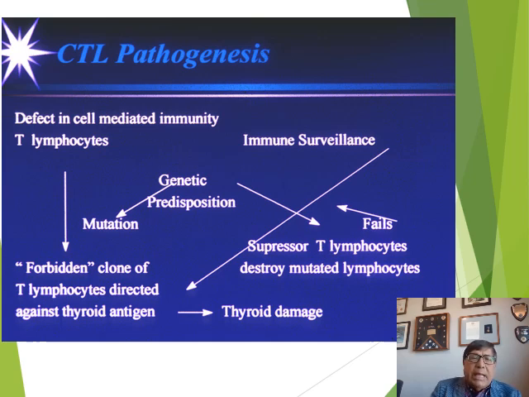Why did this thing happen? Well, the biggest problem is here: immune surveillance. Being a retired military physician, I like to explain this by saying immune surveillance is like a spy plane that's flying over the enemy's position and trying to locate the problem area.